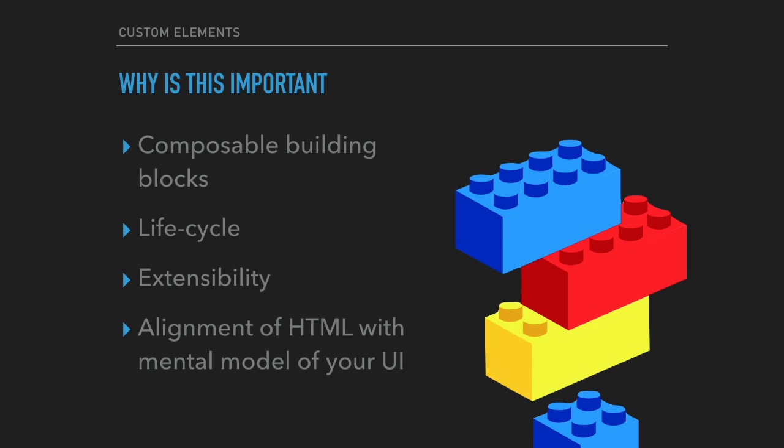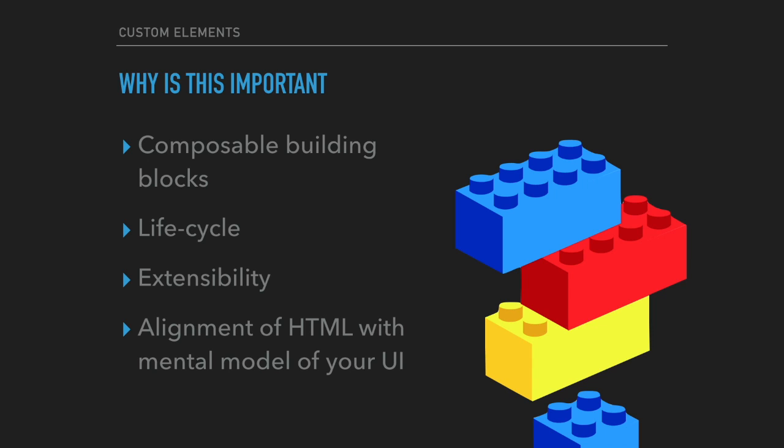It's particularly important because it's what gives us these composable named building blocks with well-orchestrated lifecycle hooks. They allow us to extend existing HTML elements, and this is the most important piece of the puzzle in terms of aligning the way your HTML looks to your mental model instead of aligning your HTML to the particulars of the way you want your layout to look.